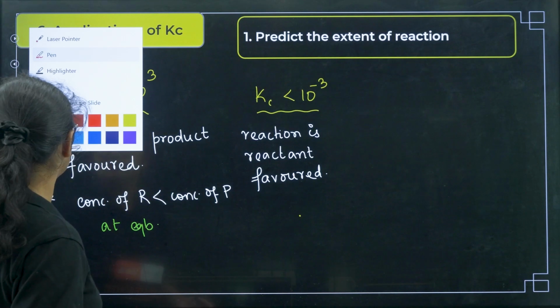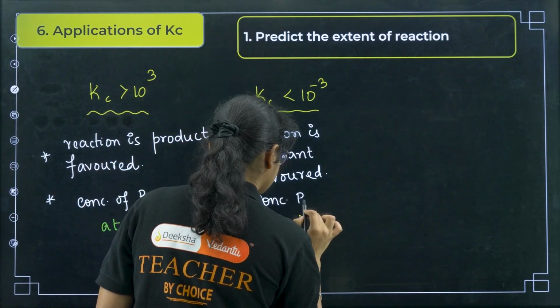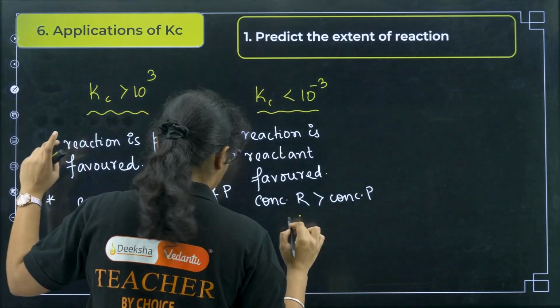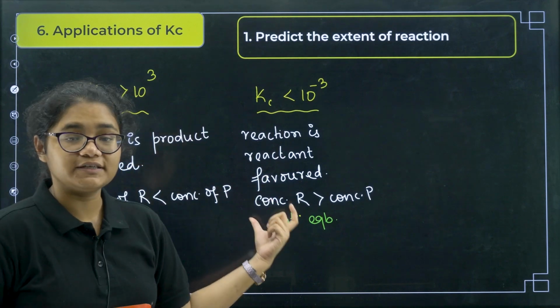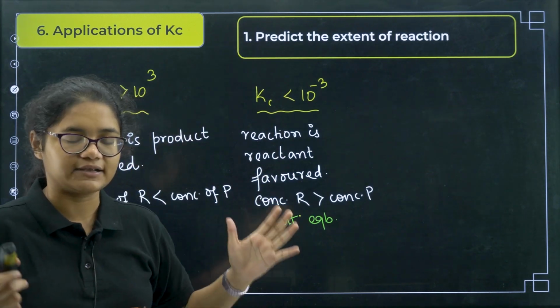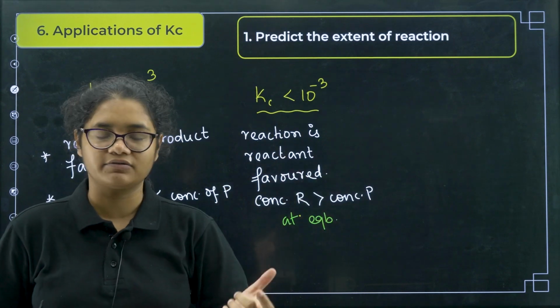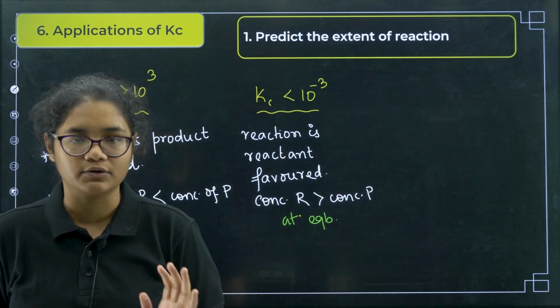Here, the same thing in reverse: the concentration of reactant will be greater than the concentration of product at equilibrium, right? So once equilibrium is attained and you measure the concentrations of the reactants and products, the reactant concentration will be more than the product concentration.